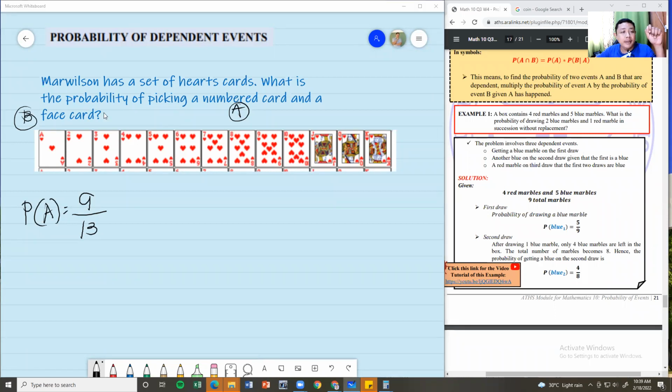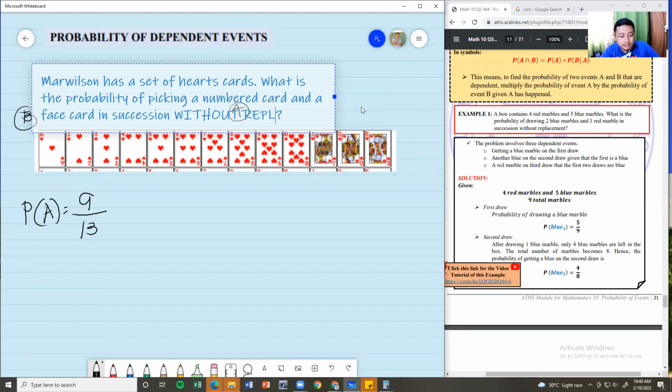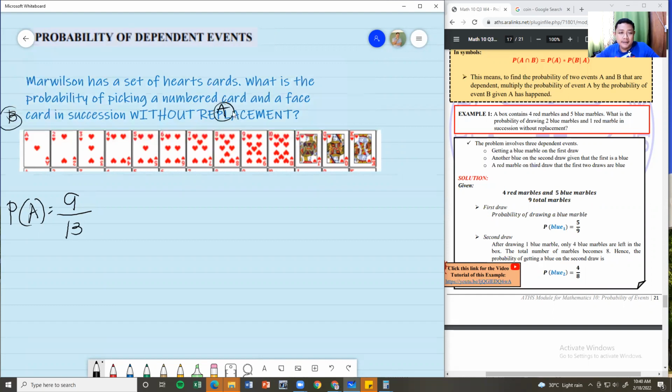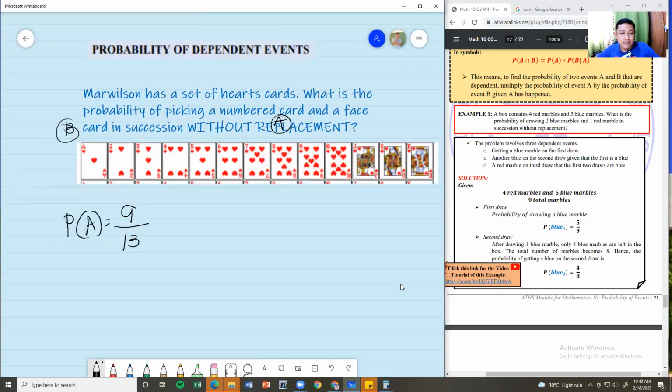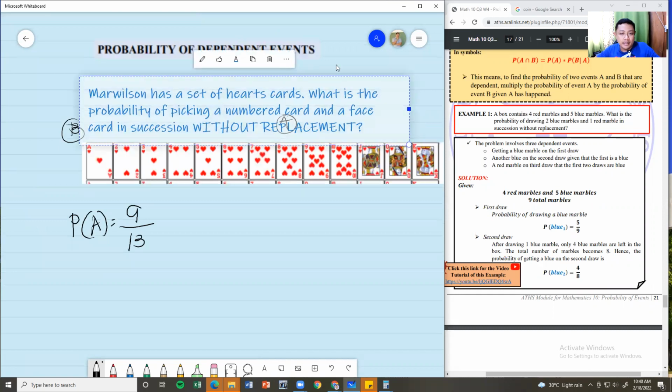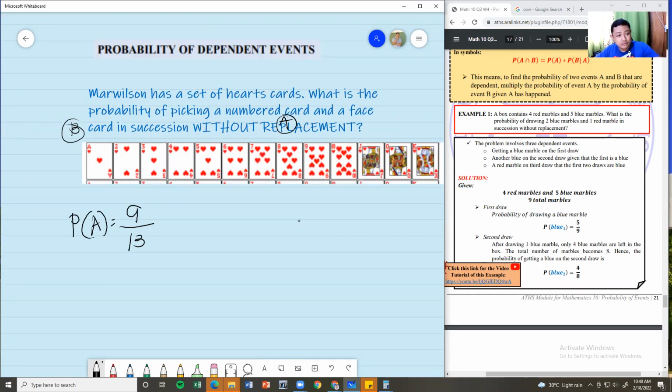Picking a numbered card and a face card, take note, in succession, without replacement. Meaning, nothing is returned after you take a card. So in the first pick, there is no problem because the set is still complete.